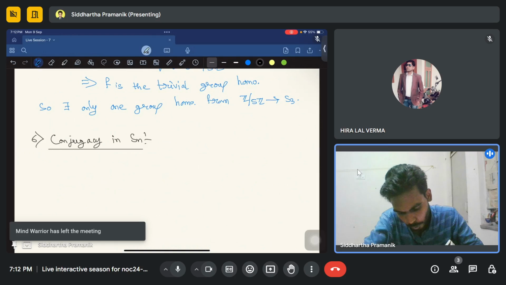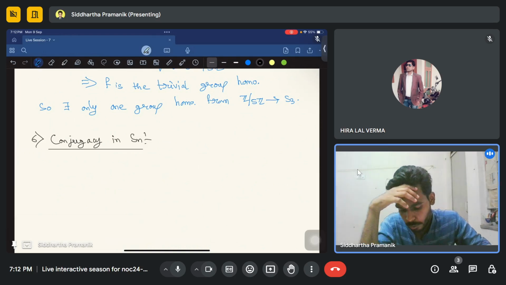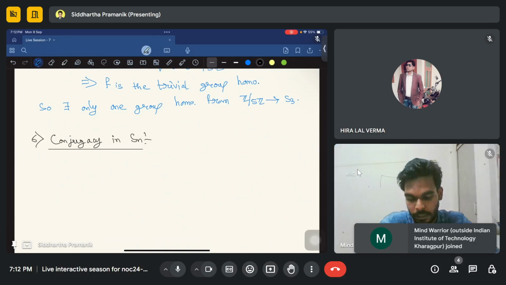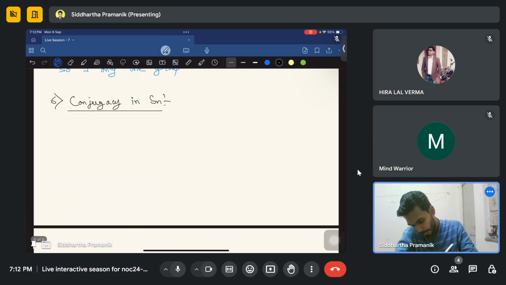This is important because every group is embedded in Sn. So it is something like enough to study Sn, but not in all cases.